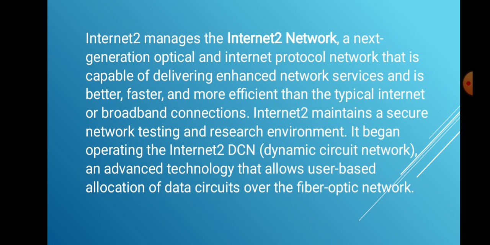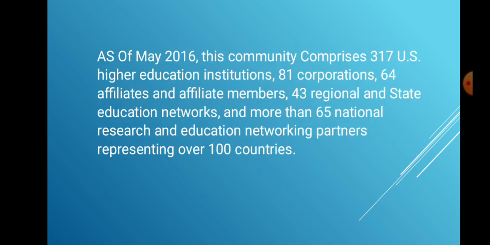Internet 2 maintains a secure network testing and research environment. It began operating the Internet 2 DCN, Dynamic Circuit Network, an advanced technology that allows user-based allocation of data circuits over the fiber optic network.